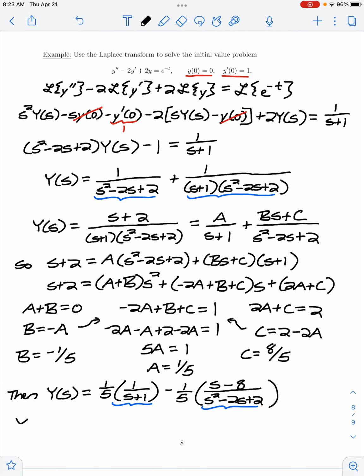So let's complete the square in that second term. So we have here 1/5 of 1 over s plus 1 minus 1/5 of, completing the square in our denominator, I would have s minus 1 quantity squared plus 1.